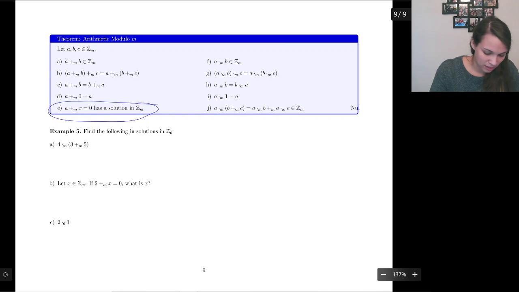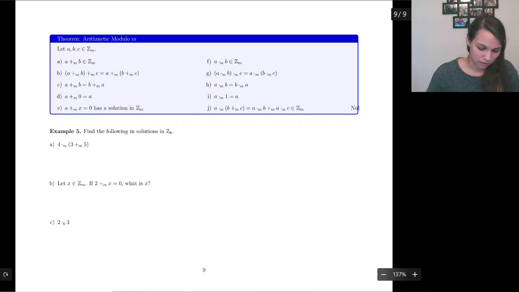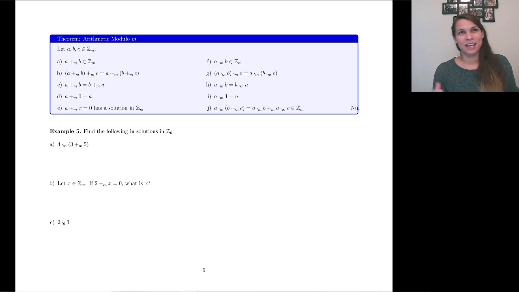And then this one, I thought this one was kind of weird. This is kind of the hardest one out of everybody to wrap your head around. You've got X coming from Zm, and A plus X mod m is going to equal 0. So that is technically called the additive inverse, because we like fancy names.